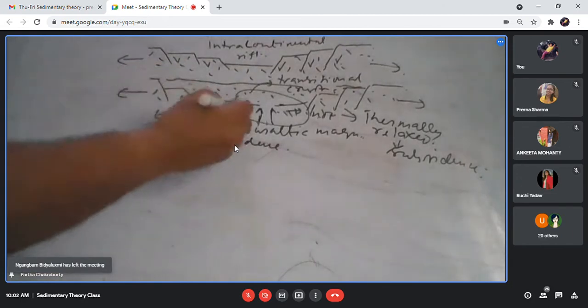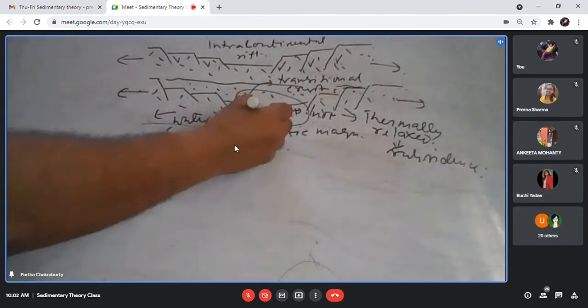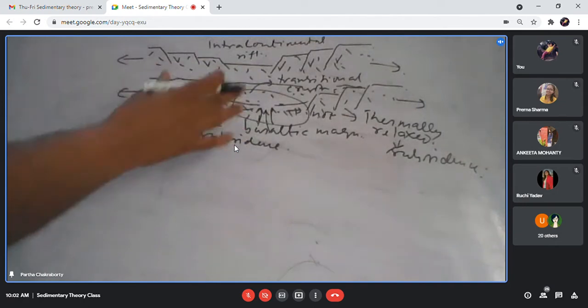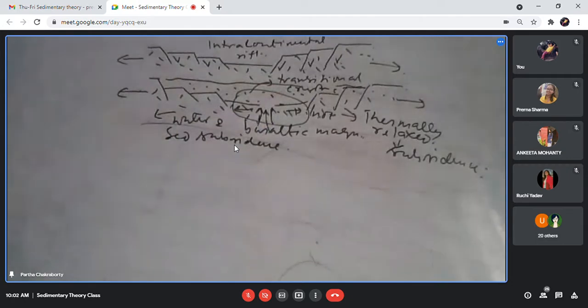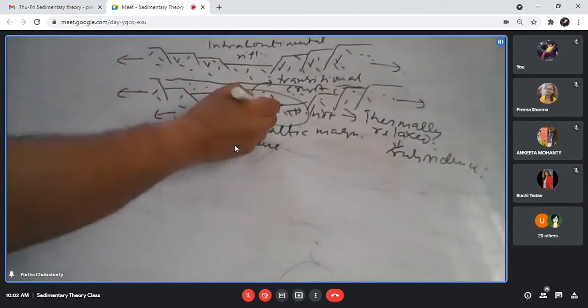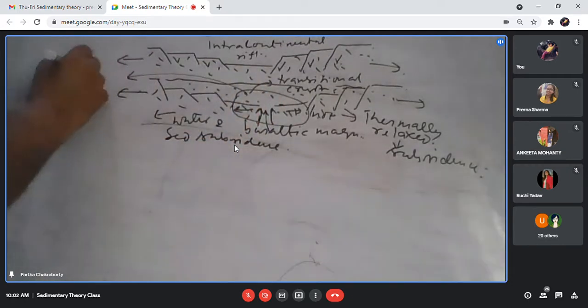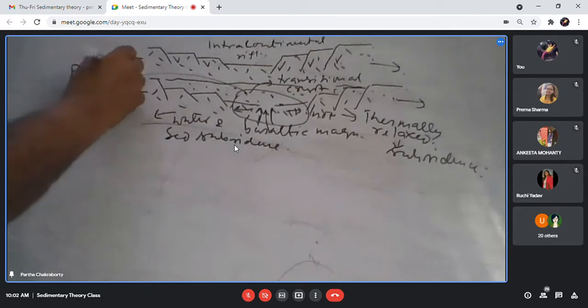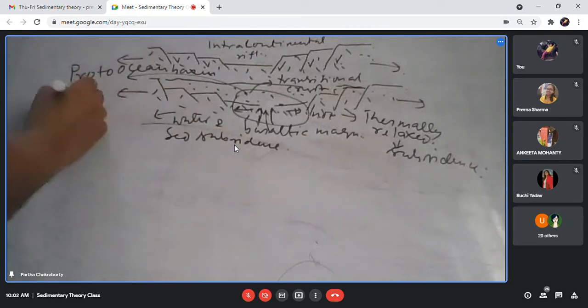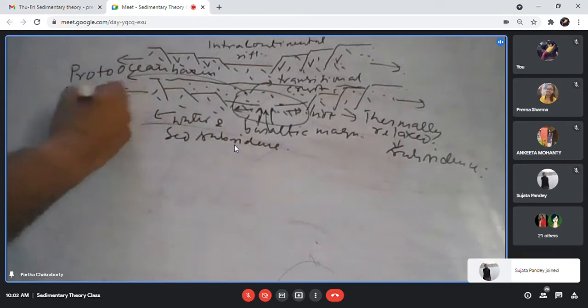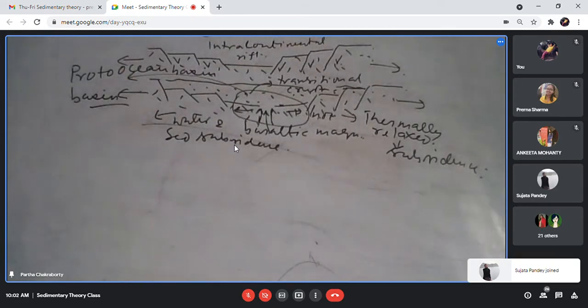There is input of the magma, and the whole thing is subsiding. If the extension continues, this is what we call the opening of a proto-ocean basin.